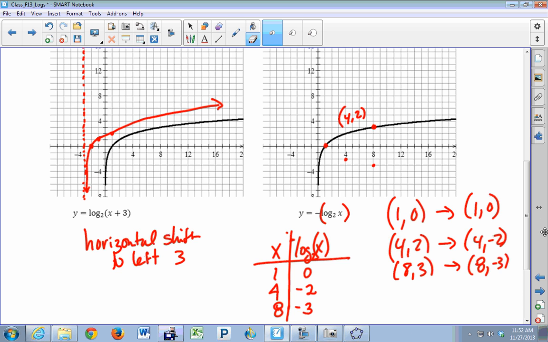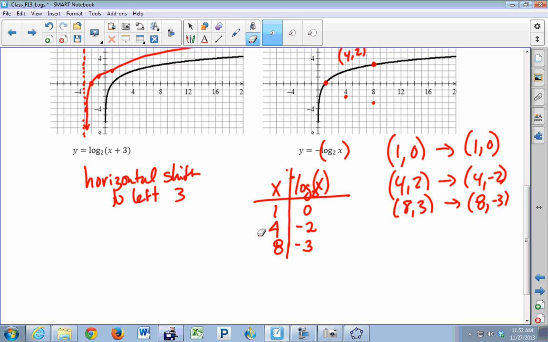What could be some other input now? It can only be a number between 0 and 1. How about 1/4? 2 to what power gives me 1/4? -2. I change my sign, I become +2. So at 1/4, I'm up here at 2.